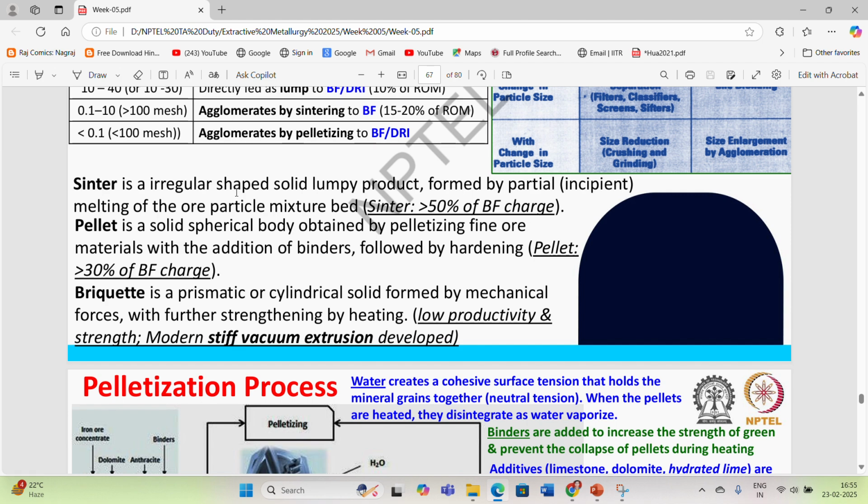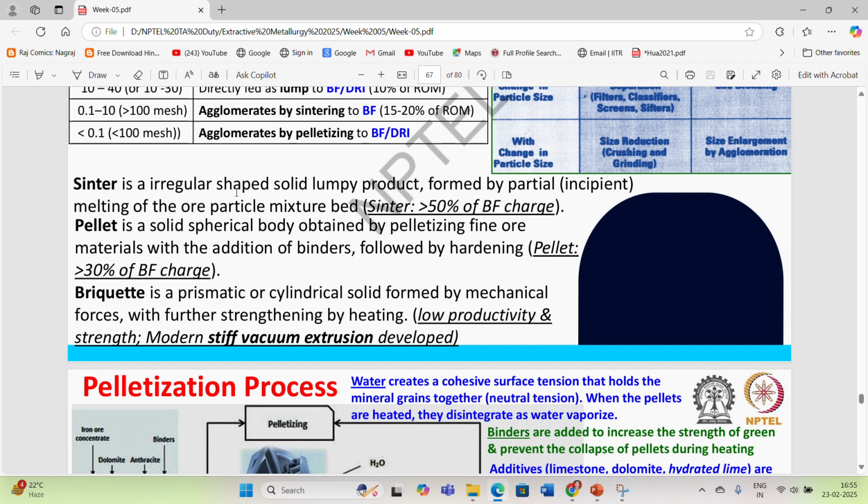Then pellet is a solid spherical body obtained by pelletizing fine ore materials with the addition of binders, generally bentonite, followed by hardening by heat treatment at around 800 or 900 degrees Celsius. So the blast furnace charge can contain around 30% of pellet material.